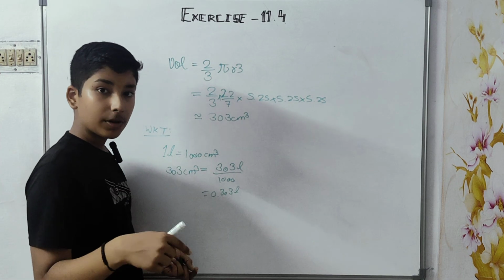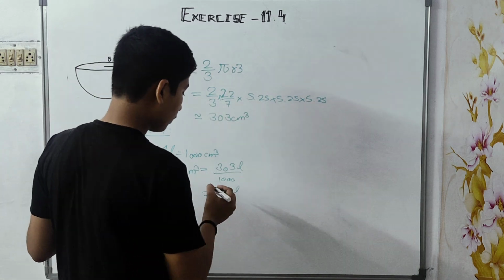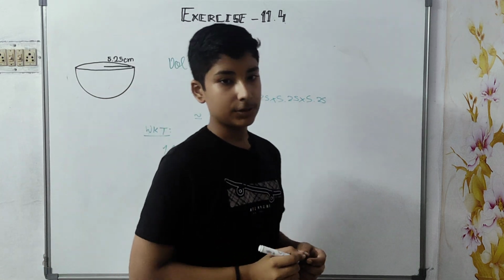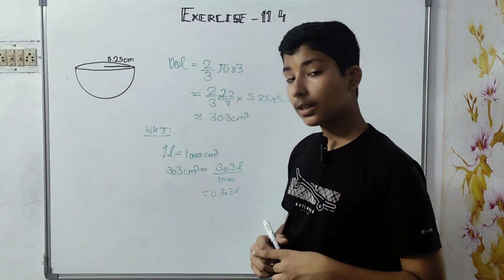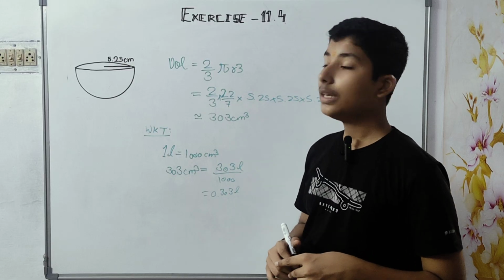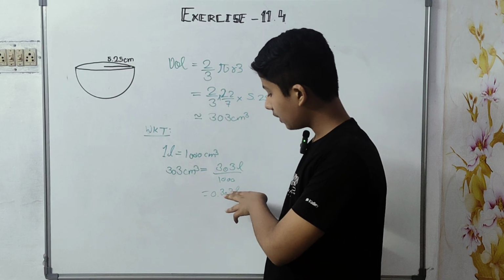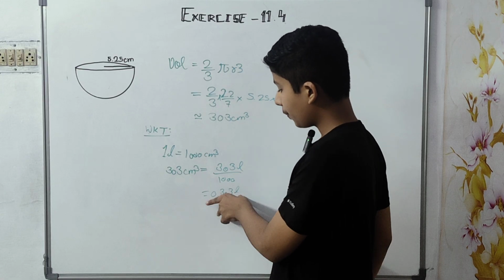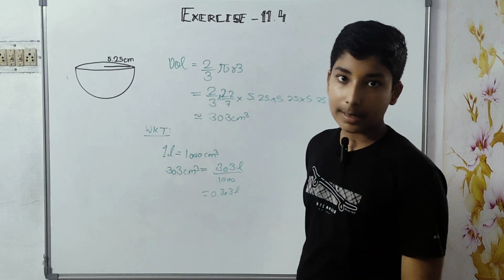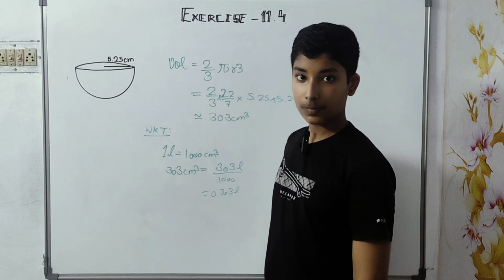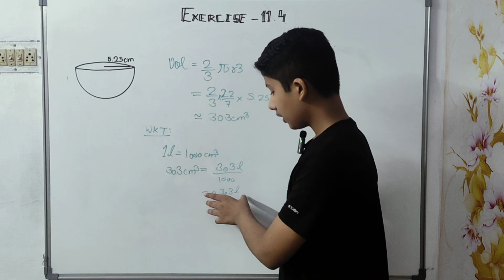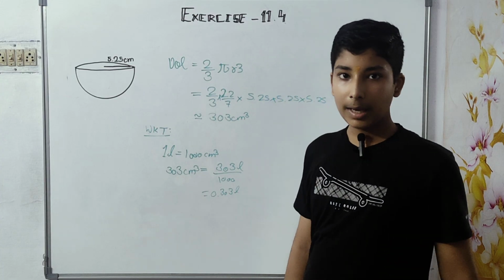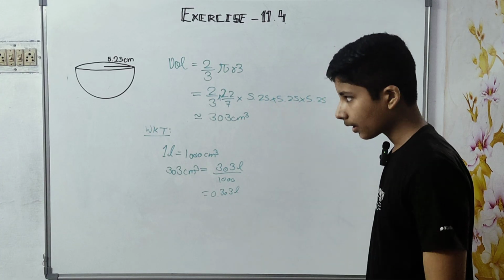If you want to convert it into milliliter, you can, it's your wish, but in the question it is given to find out in liters, so it can hold 0.303 liters of milk, or you can write 303 ml of milk.